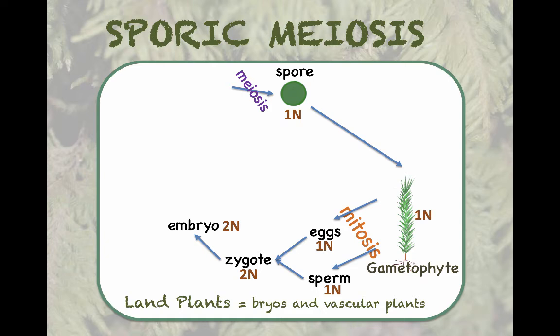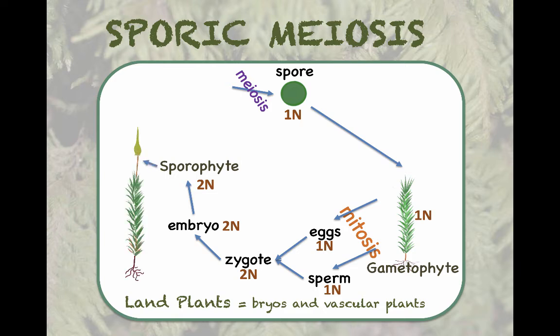So an embryo is a structure that gains nutrition from its parents. Okay, so that's actually a new thing too, isn't it? The algae don't do that, but the bryophytes and the tracheophytes, vascular plants, they do that. And that embryo will develop into a sporophyte. So that's another generation, and that's going to be diploid. So that's the other generation.